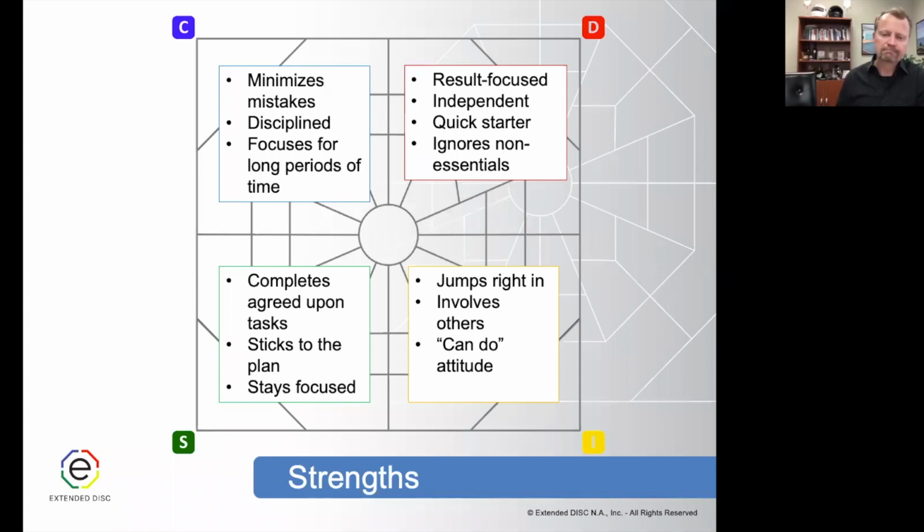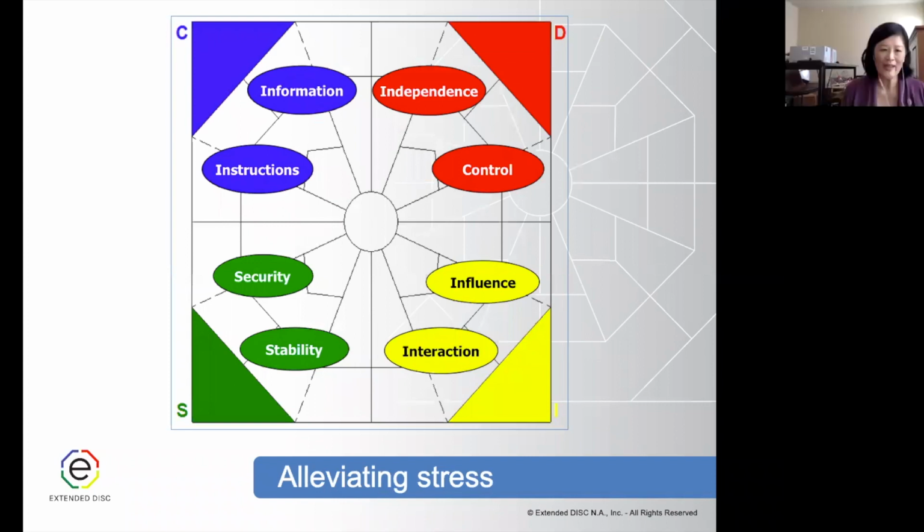Very well said. So how can we help using DISC? If we know the styles of our employees, how do we help them alleviate stress? For the D style, it's not so much that you have to give up your control, but they need to feel a sense of control.